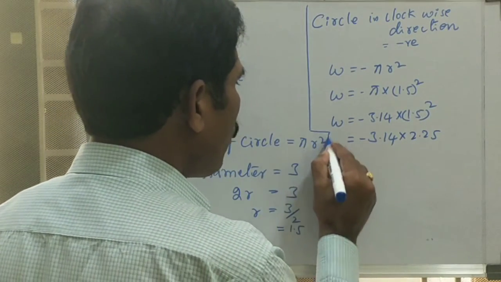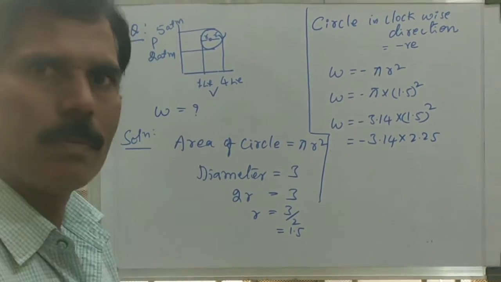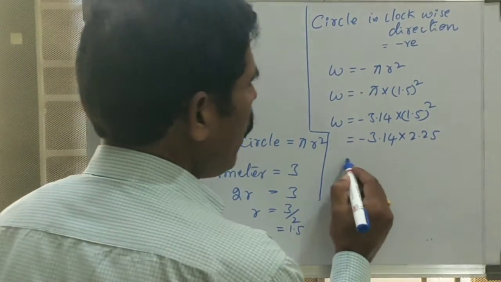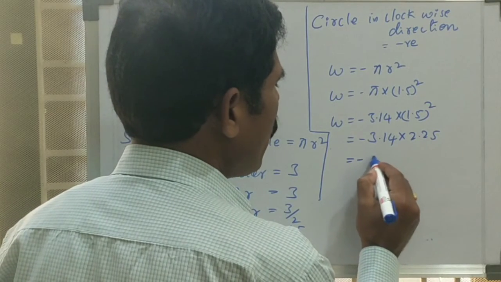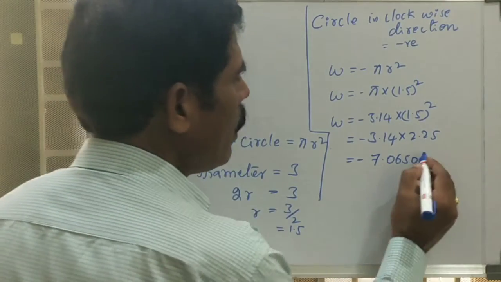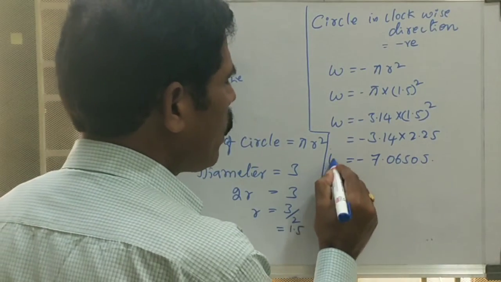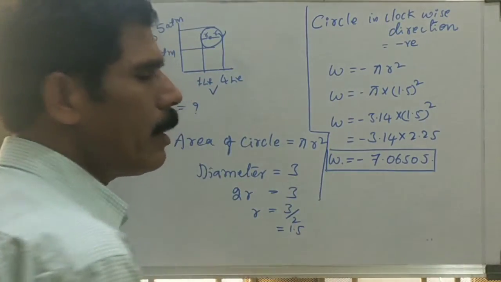So finally, how much value will you get? W is equal to minus 7.0650. This is in joules. So this is the W value, right?